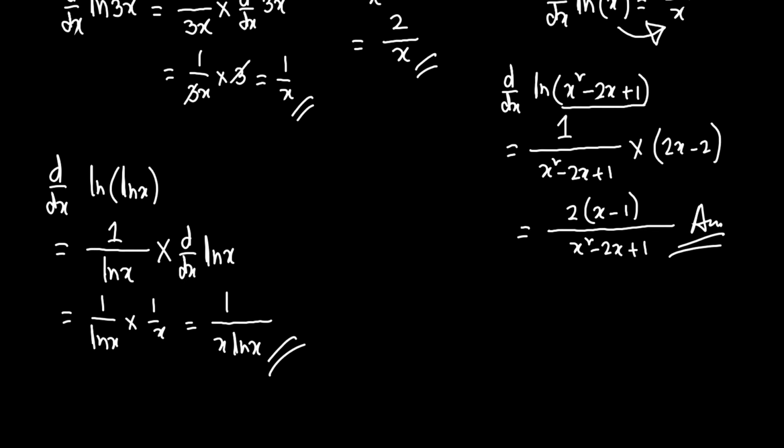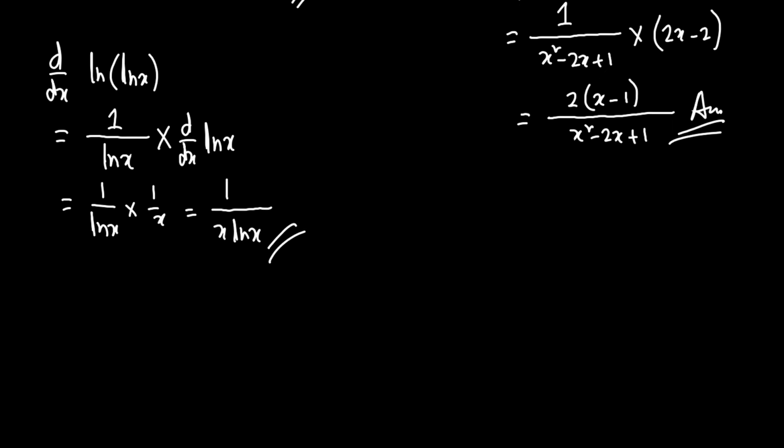So let's move to another question. If it is written here 5x plus ln of 3 by x, according to the rule of differentiation, if it is written with a plus sign we can split it at the plus sign. So say this is our expression.